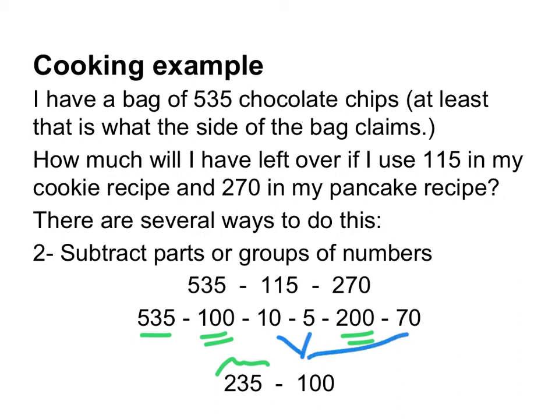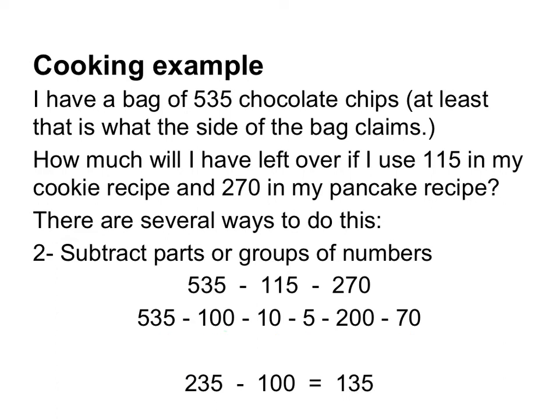So now I take 235, I subtract 100, and now I get 135. So by grouping, I didn't round the 535. I kept it as it was, and what I did was I dealt with what I was subtracting. So I subtracted the 100 and the 200 first, and I said, oh, well, the rest of it is about 100, so I'll subtract 100 from that number.